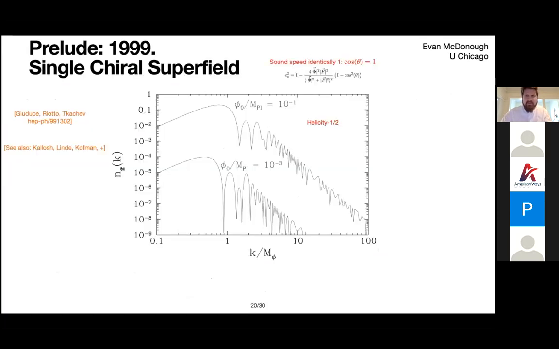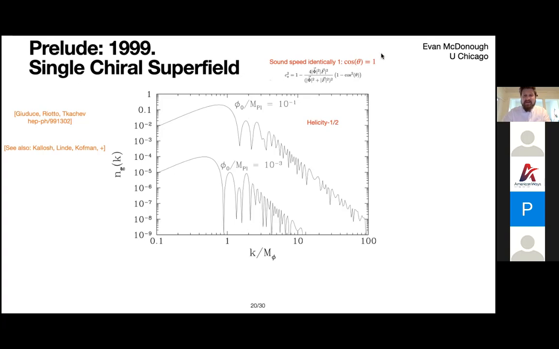As a prelude to the numerics that we've done, let's take a look at what was done circa the late 90s, early 2000s, which was to look at just a single chiral superfield, so a single field setup. A feature which makes this simple is that, as I mentioned, there's a geometric interpretation of where this reduced sound speed is coming from, in terms of angles on field space.